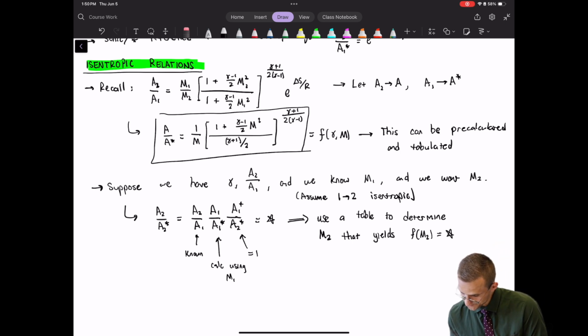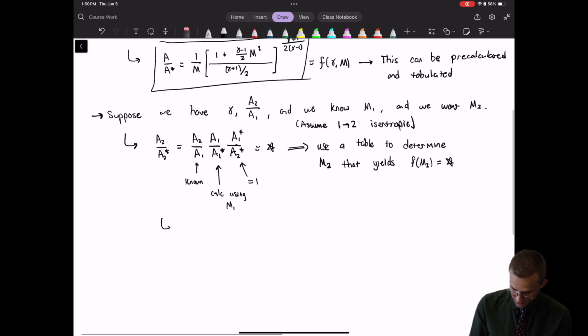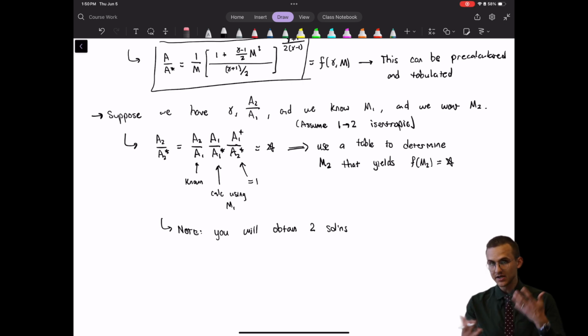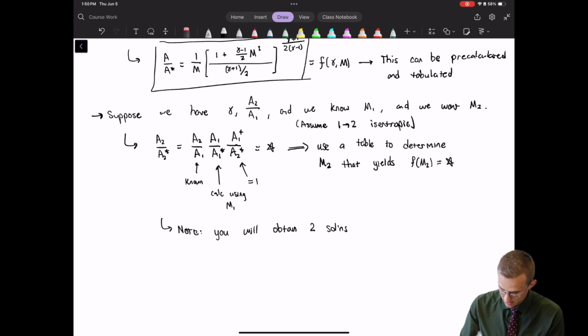Okay, so you could do that. Now, one note is that you actually will get two solutions. You will obtain two solutions. But one will be subsonic and one will be supersonic, and then you have to use your physical intuition to eliminate which one is the spurious.